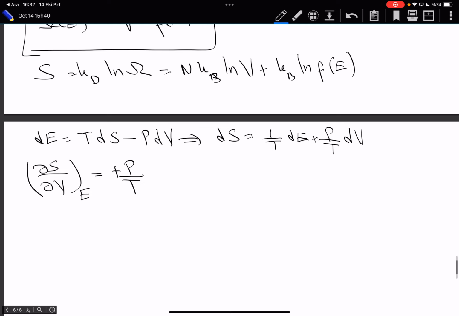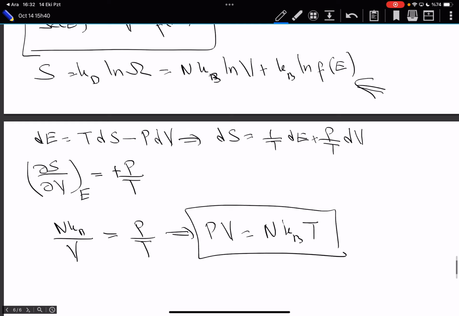Well, I can already take the derivative of this entropy expression with respect to the volume, keeping energy constant. Well, nk_B over V, this is the derivative, is equal to P over T, and hence PV is equal to nk_B T. We already have the equation of state for the ideal gas.